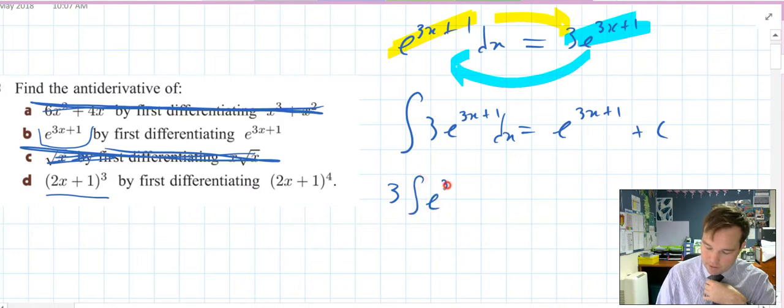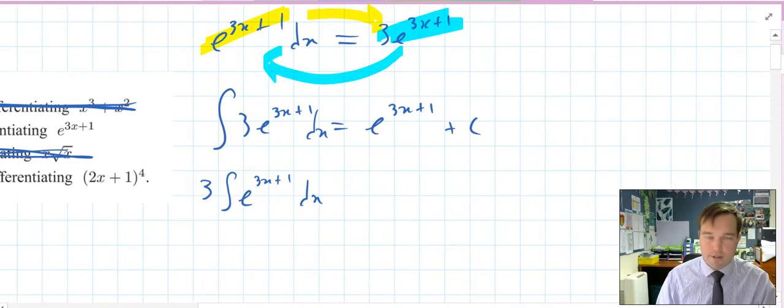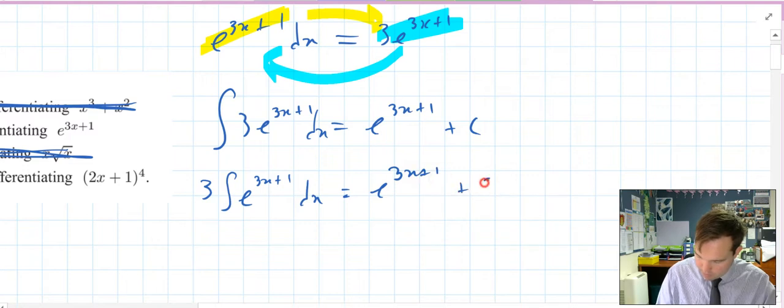Note that we couldn't pull out the 1 or the 3x up there, because they're part of a function. But the constant sitting at the front, we can pull out the front, equals e to the 3x plus 1 plus c. And at this point we can divide both sides by 3.